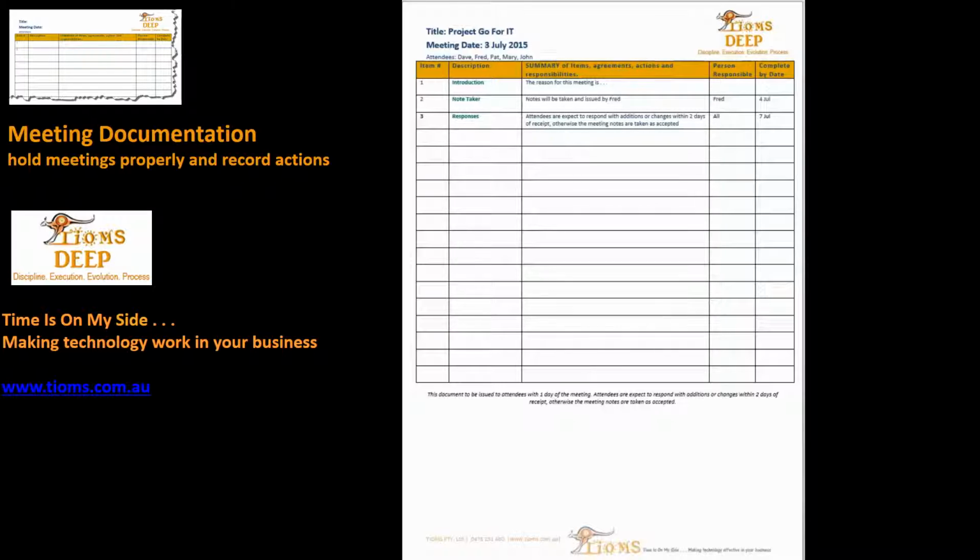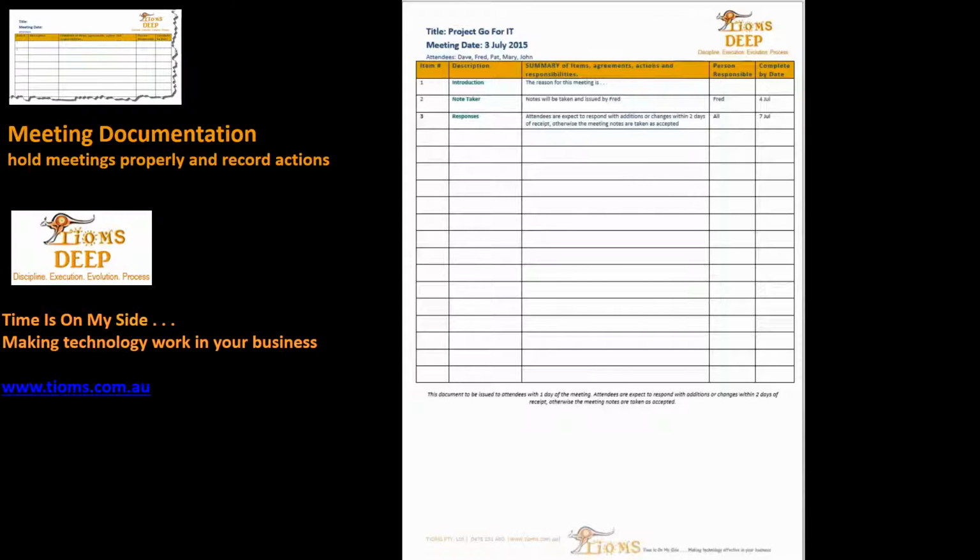So you can see that at the top we have the title of the project or what the meeting is, the date and the attendees. We've got the item numbers down the left hand side. Now that can be useful if there's a whole long set of meetings. Maybe a project goes on for 6 months or 2 years or whatever it might be.